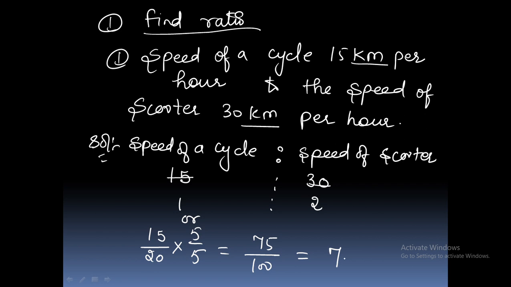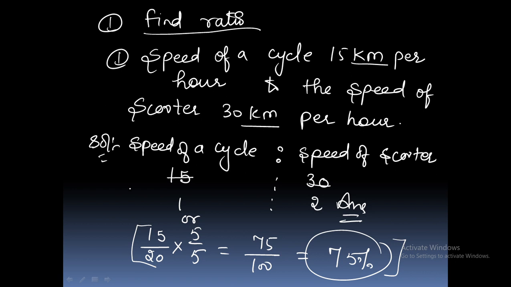Now you can calculate its percentage, but if you want to find only ratio, this method is the best method. Or if you want another method for calculating ratio, then you can use this method also.